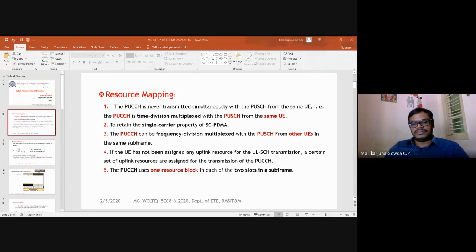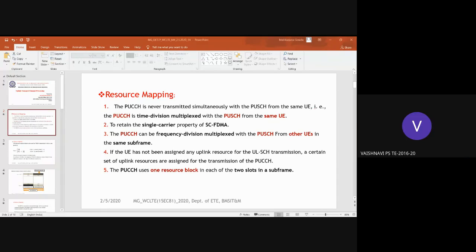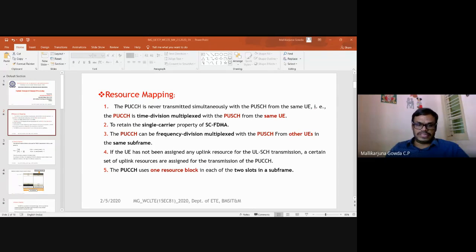With normal cyclic prefix with format 1, 1A, 1B, it uses L equal to 2, 3, 4. And with format 2, 2A and 2B, it uses L equal to 1 and 5. And then the sounding reference signal will use the last SC-FDMA symbol, starting from the value of K0, interleaving one subcarrier in frequency. I discussed all these things in today's class.